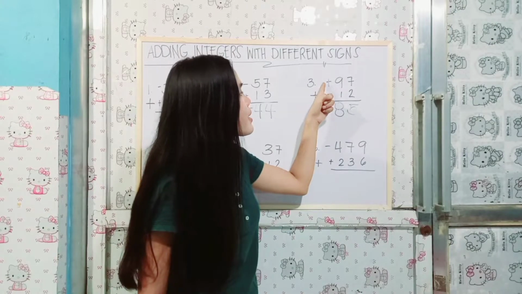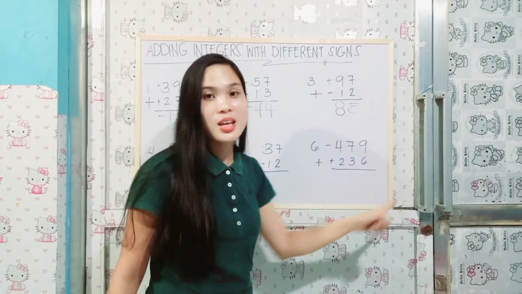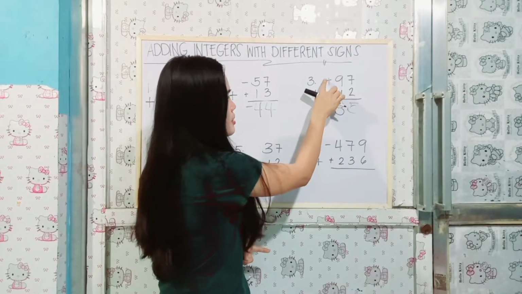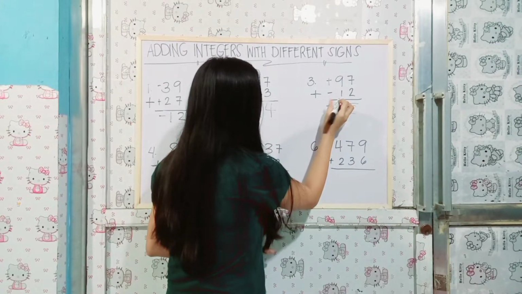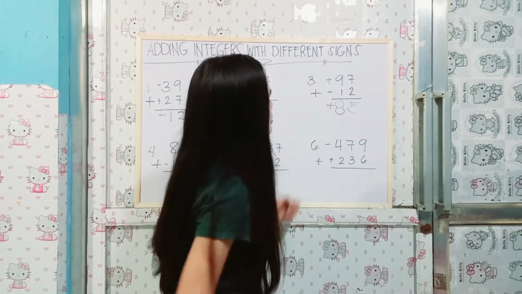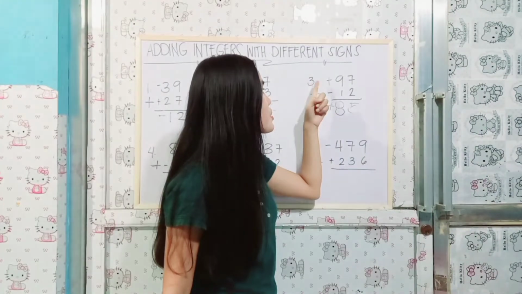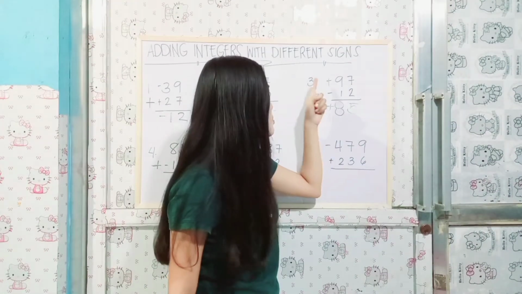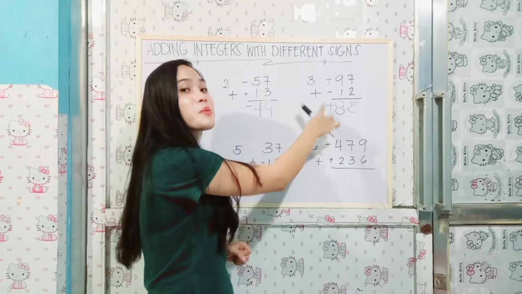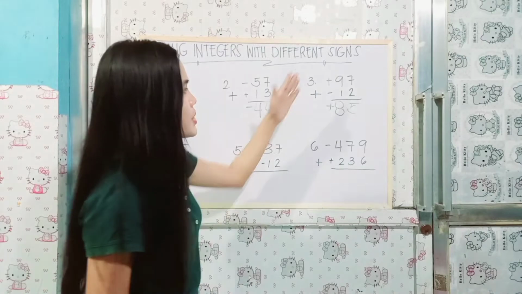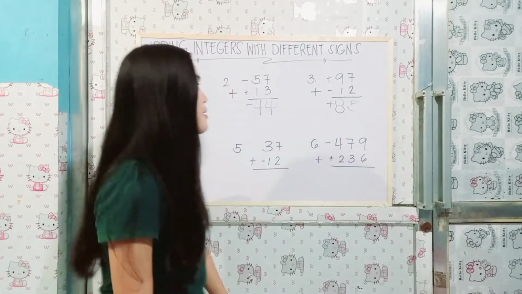So the addend that has greater absolute value is positive 97. So we will affix the positive sign in our difference. So since the addend that has greater absolute value is 97 and it has positive sign, the sign of our difference will be positive also. So positive 97 plus negative 12 will be positive 85.